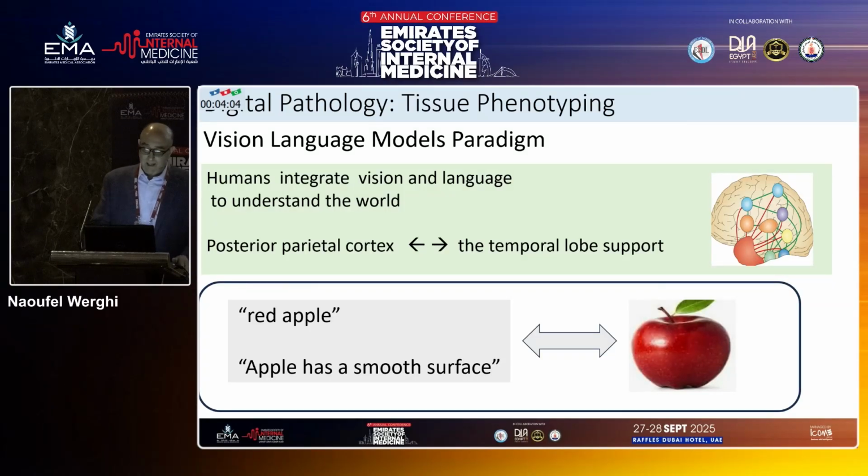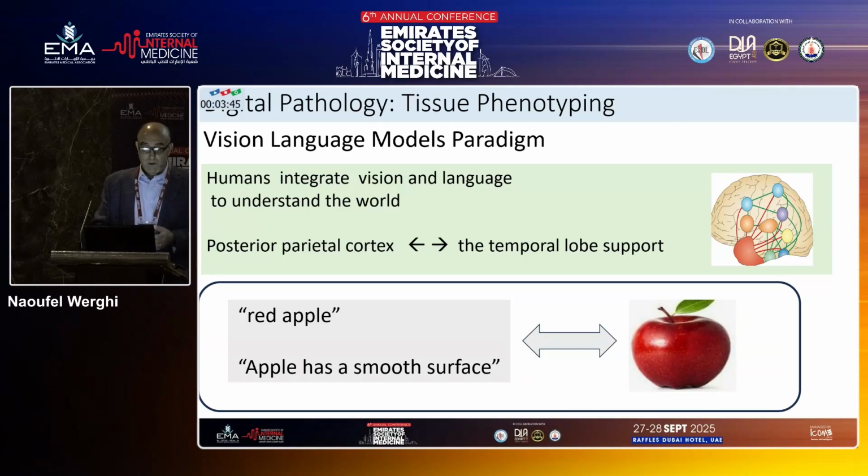The second paradigm which we looked at is what you call vision language models. Maybe you have heard about ChatGPT, LLaVA, etc. A vision language model is an integration of these advanced LLM models with computer vision systems.